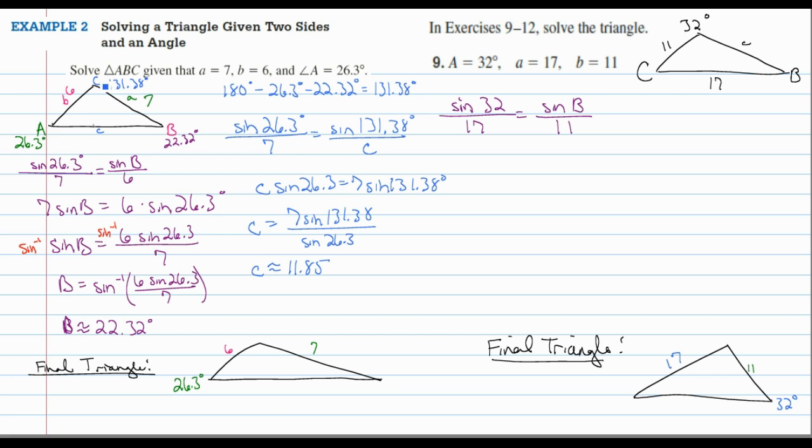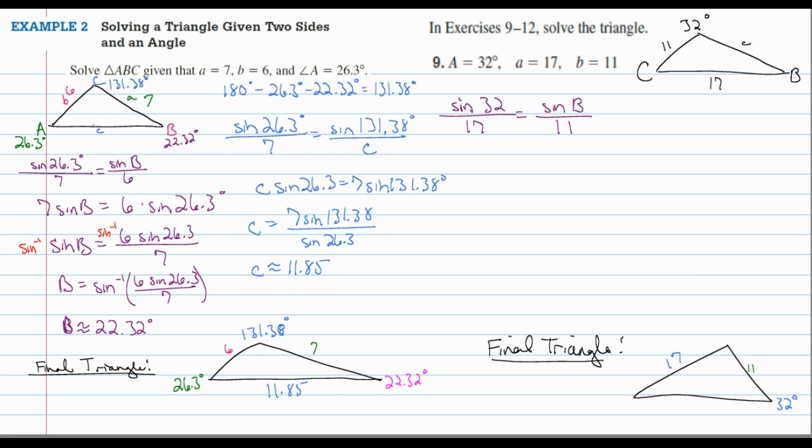Just because this is getting a little bit messy, I'm going to put another triangle down here. I got that C is 131.38 degrees, so this will be my final triangle. It's very easy to tell that the biggest side is across from the biggest angle. And then I found that angle B was 22.32 degrees.